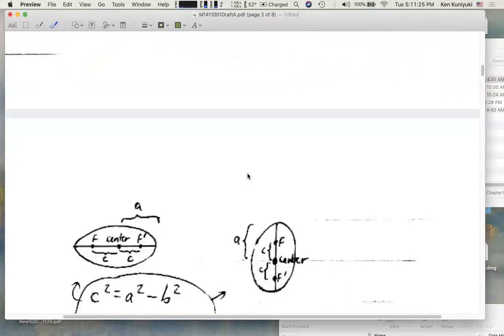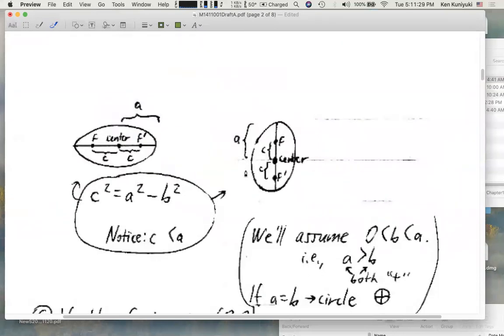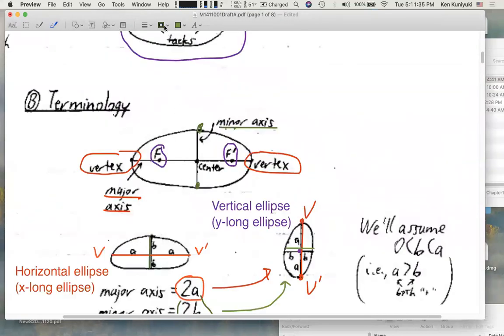Okay. Now, what's C? We have A and B. What's C? C is going to be the distance between the center and either focus. So we have C over here and C over here. Remember, A is the distance between the center and either vertex.